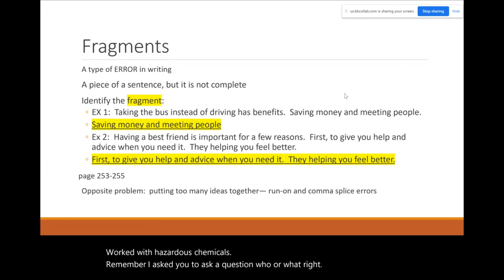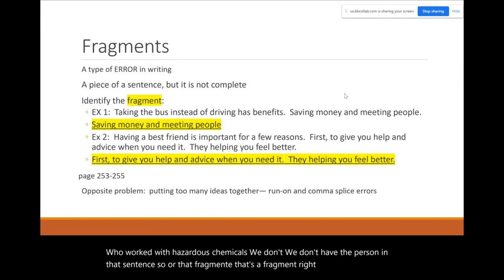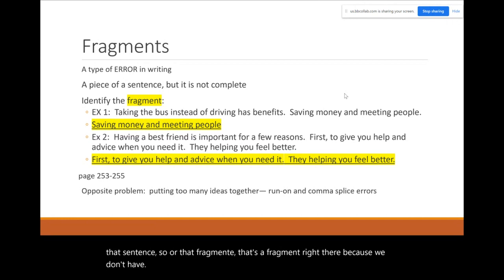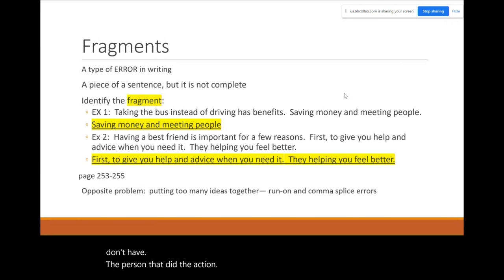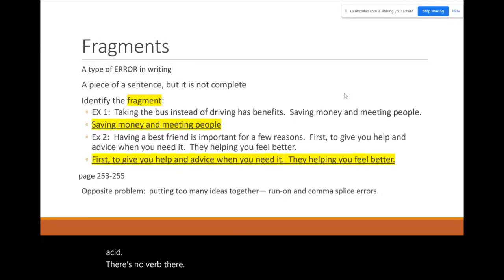Who worked with hazardous chemicals? We don't have the person in that sentence. So that's a fragment right there, because we don't have the person that did the action. And then the second example is missing a verb because it says first sulfuric acid. There's no verb there. So that's a fragment.